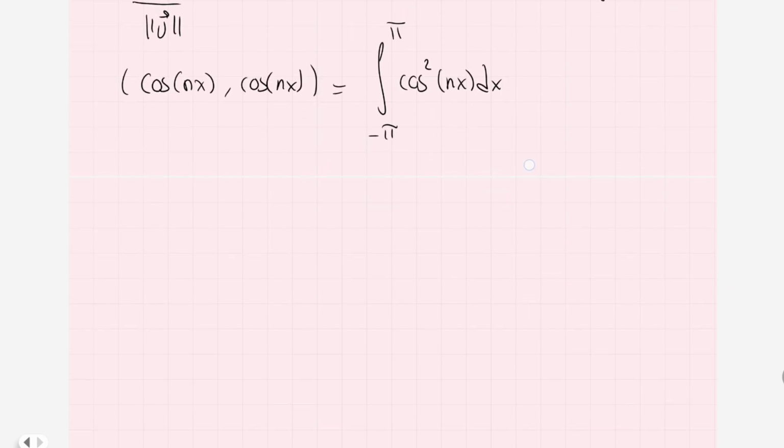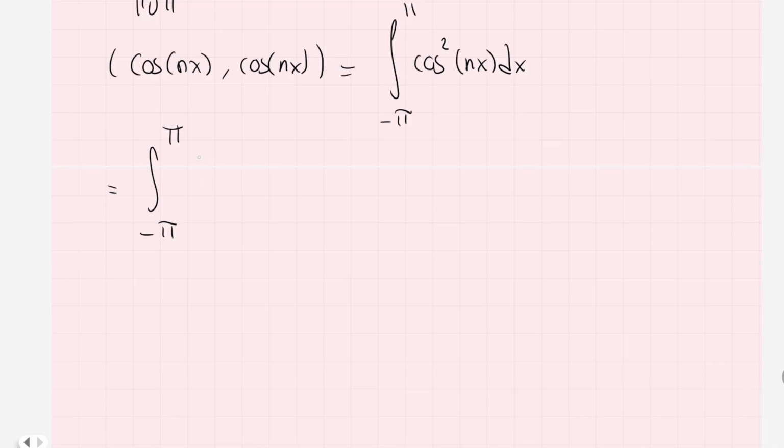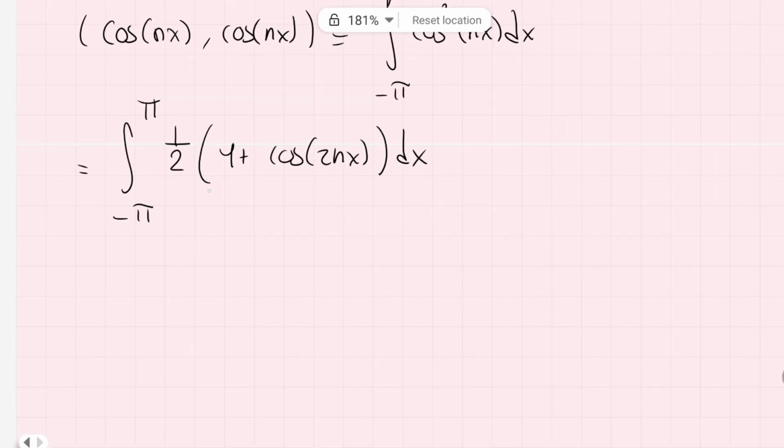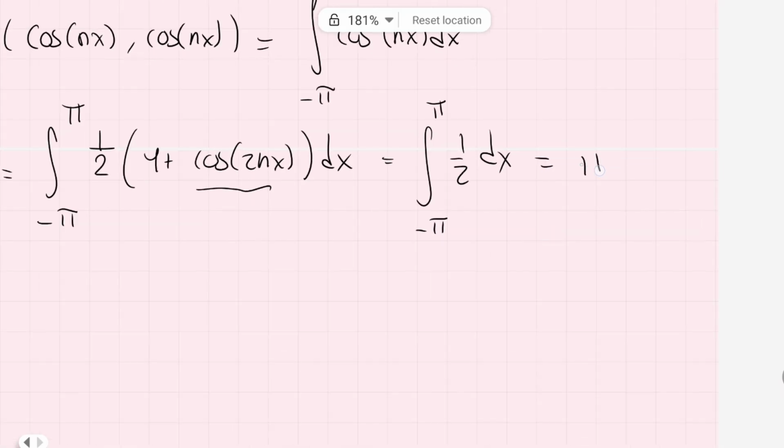This is a very famous integral that is solved using the trigonometric identity 1 over 2 times 1 plus cosine of 2nx. If we take the integral of a cosine evaluated at negative pi and pi, we will get 0. We are just going to get the integral of 1 over 2 dx from negative pi to pi, and it's easy to notice that this integral is just going to be pi.